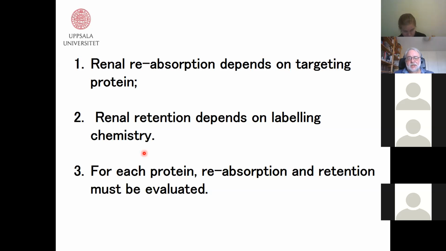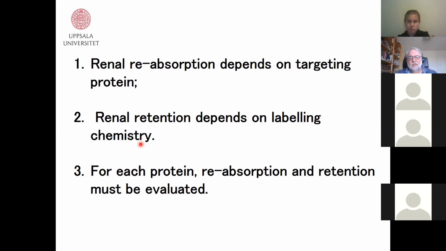So reabsorption is dependent on the targeting protein or peptide. Retention depends on labeling chemistry, renal retention. And apparently for each protein, this must be evaluated to select an optimal labeling chemistry.